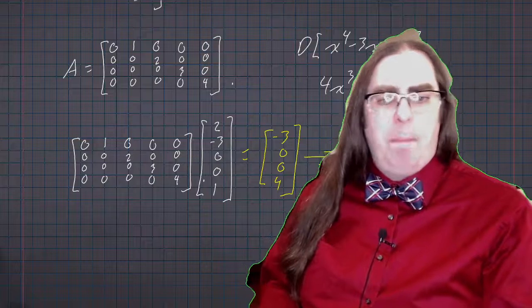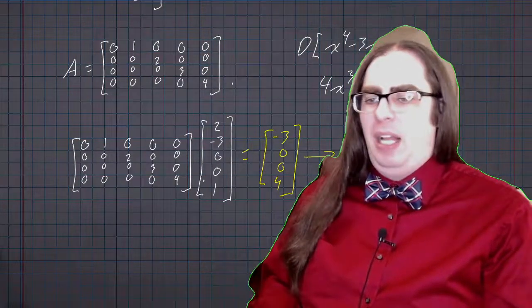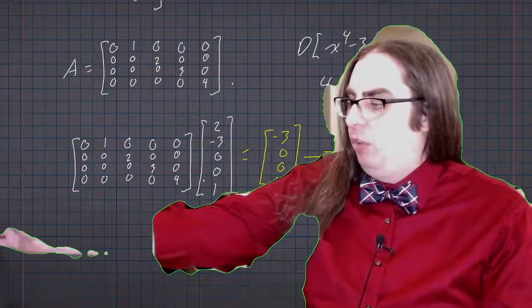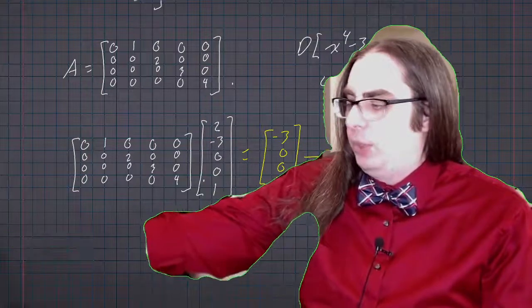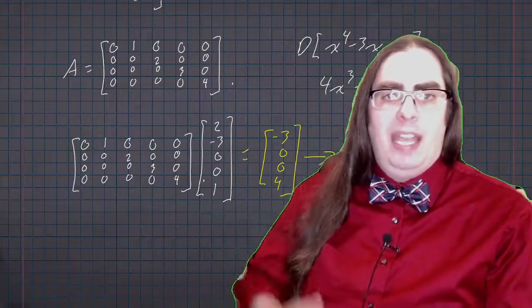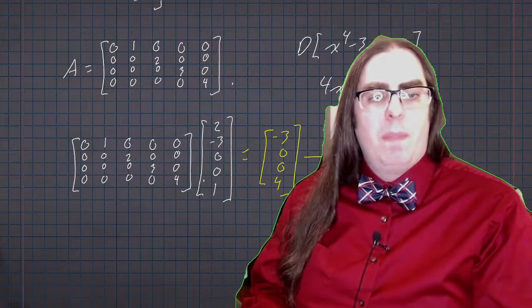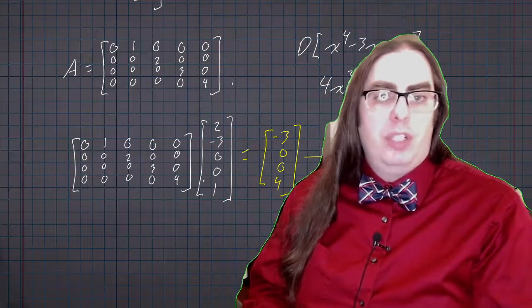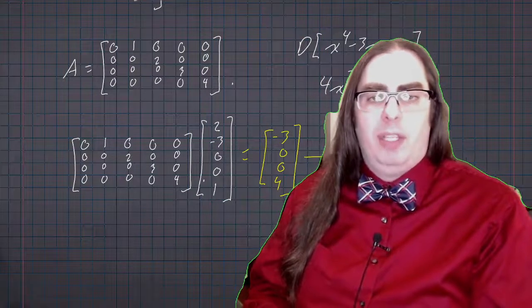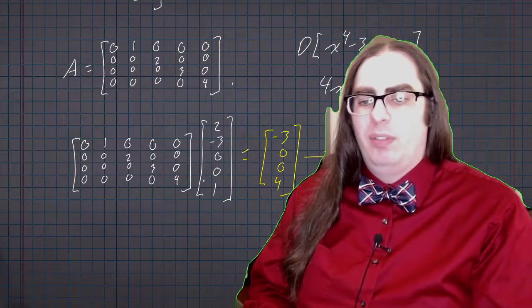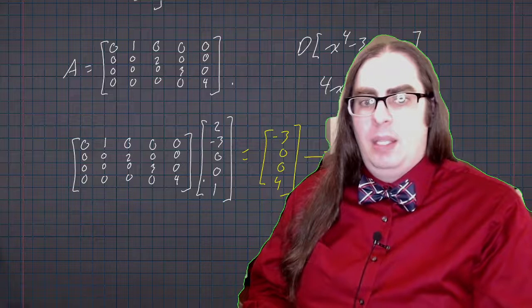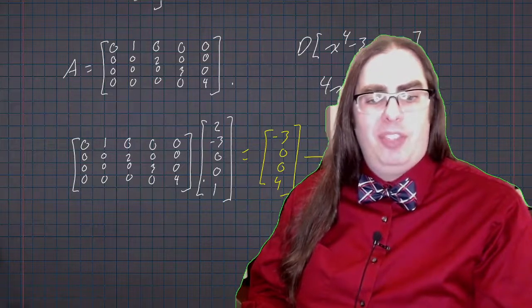So that's the basic idea of using isomorphisms between arbitrary vector spaces and Rn in order to write linear transformations on abstract vector spaces using matrices. Now think about the applications there.